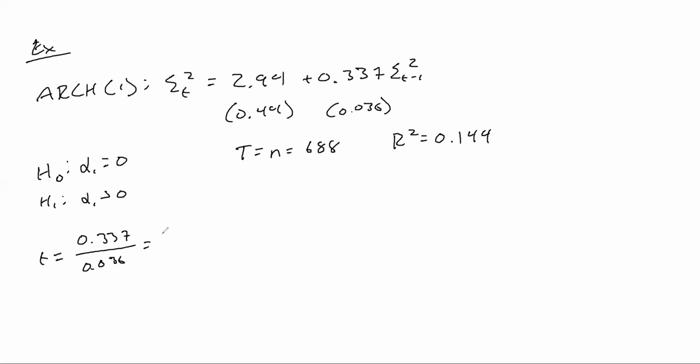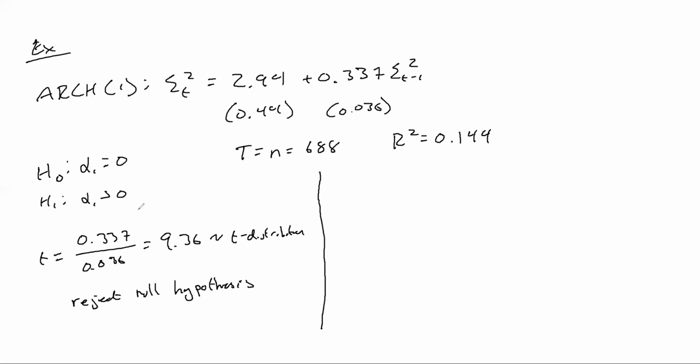This is equal to 9.36, and this follows a t-distribution. So this is sufficiently high; given a 5% significance level, you could reject the null hypothesis.